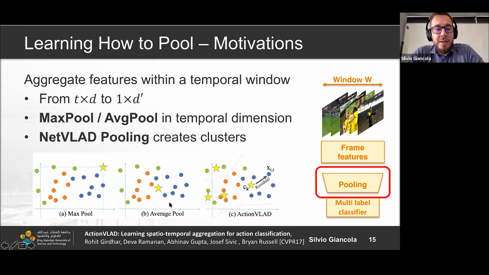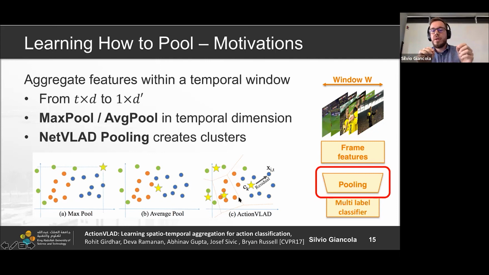So that's one of the reasons why NetVLAD was used in video understanding, and in particular in that method named ActionVLAD that I may introduce a bit further later, where rather than only considering those single stars that represent either the max or the average in the feature space of that set, it actually learned to cluster.